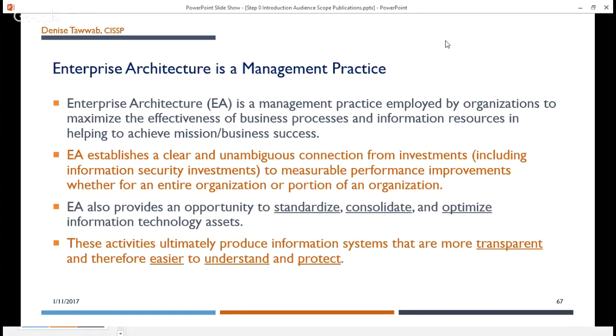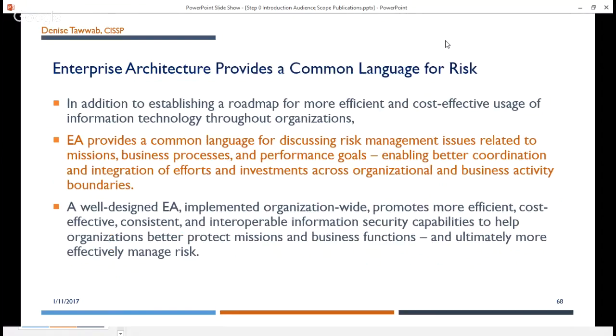Enterprise architecture also provides an opportunity to standardize, consolidate, and optimize information technology assets. And these activities ultimately produce information systems that are more transparent and therefore easier to understand and to protect.